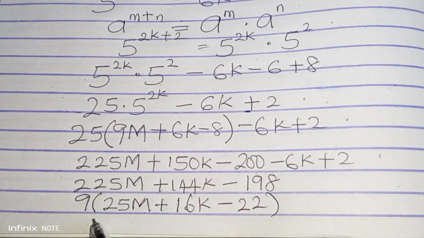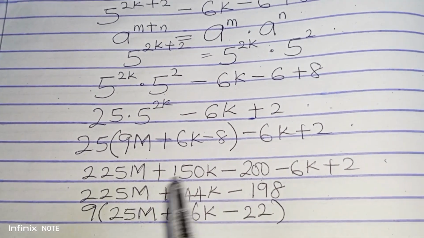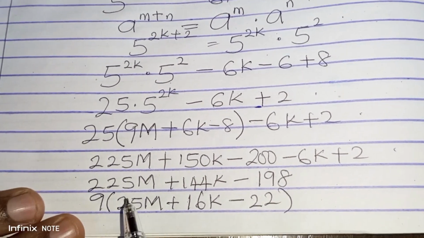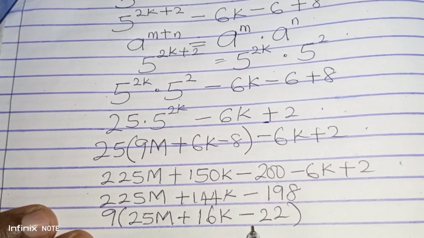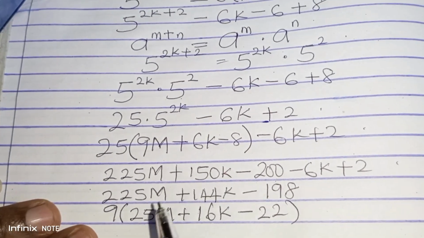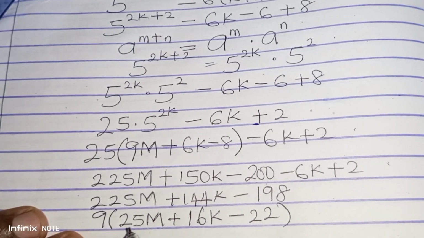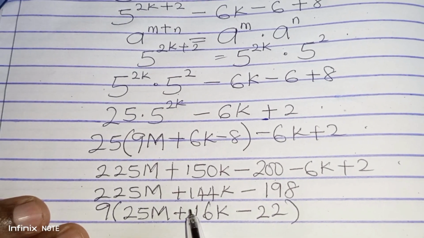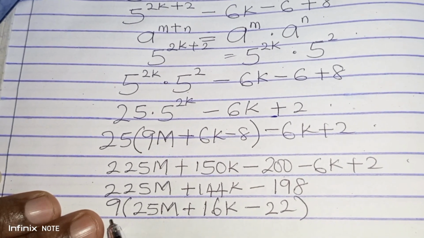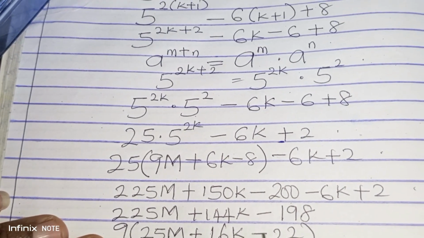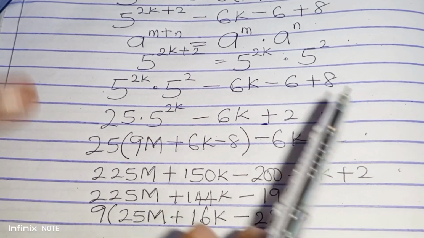And I told you that if you use 9 to multiply any number, if you represent 25m plus 16k minus 22 by any alphabet, let's say we represent it by p, this will be 9p. So if we multiply 9 by any number, that means the result is divisible by 9.